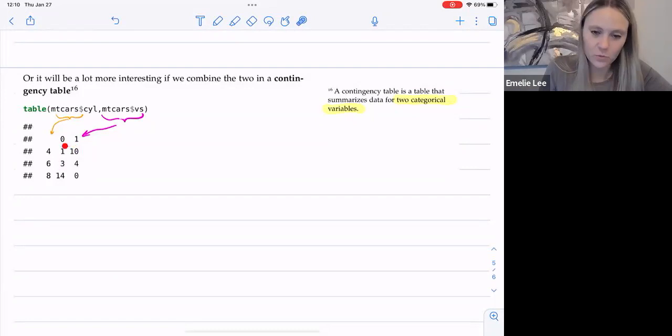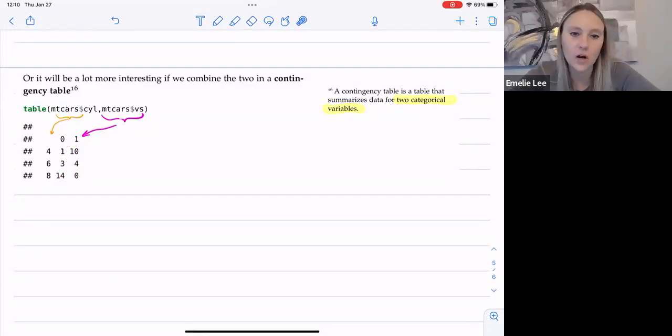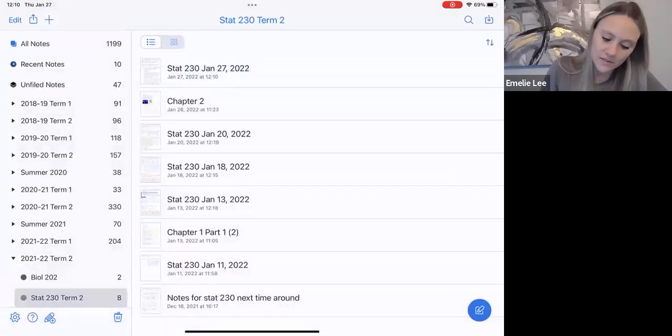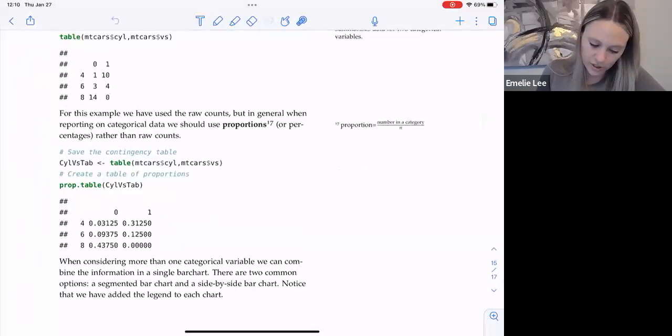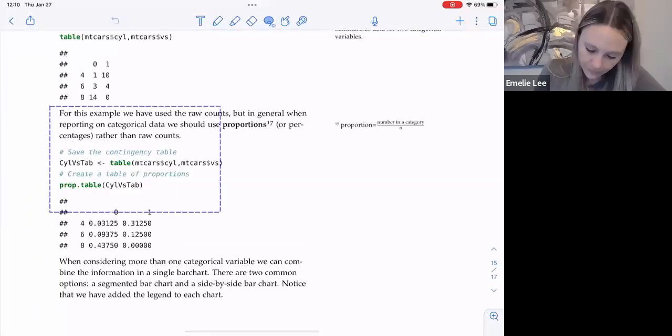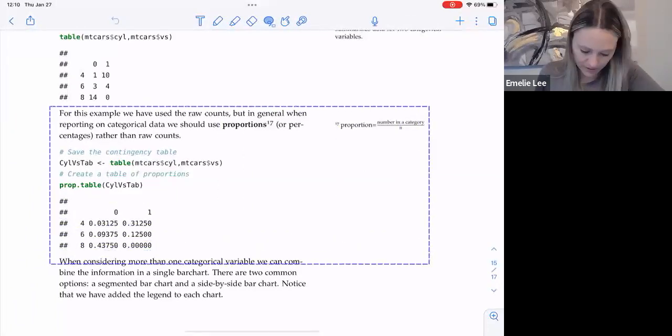So usually we're not really interested in raw counts because, again, it's hard for our brains to do something like 3 out of 32, right? So instead, we would look at the proportions, right?